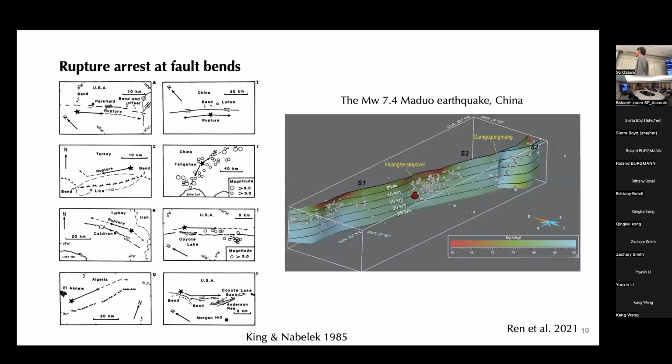A more recent paper about the Maduo earthquake in China also documents that both edge termination locations of the strike-slip faults correspond to a change of fault strike, which is a bend.